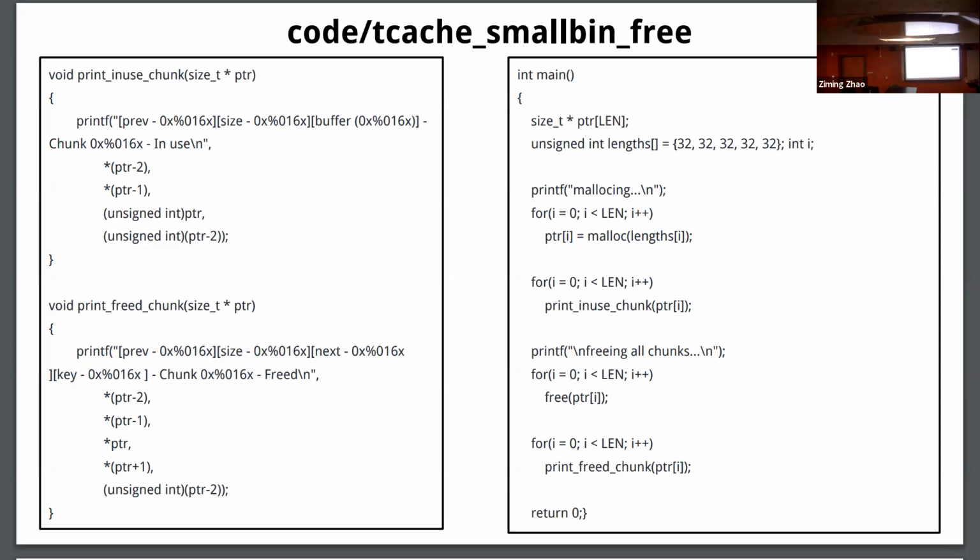You still have the previous size, which we don't use, and the current size, then we have the next pointer and the key pointer. So 2 pointers there, and we print out the next pointer and the key pointer.